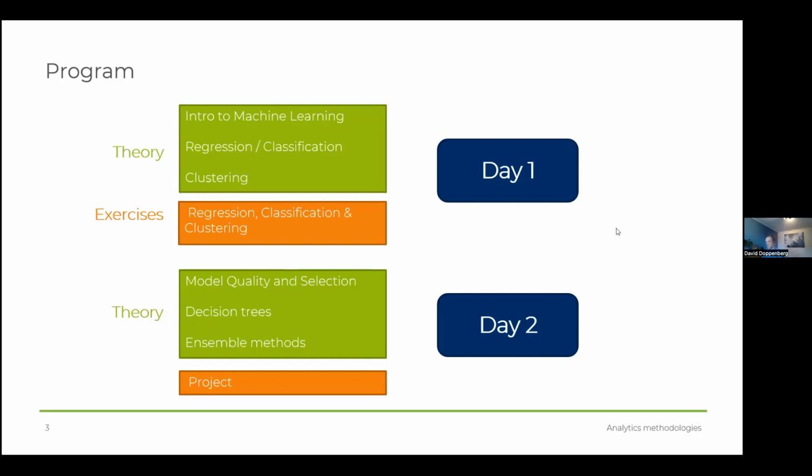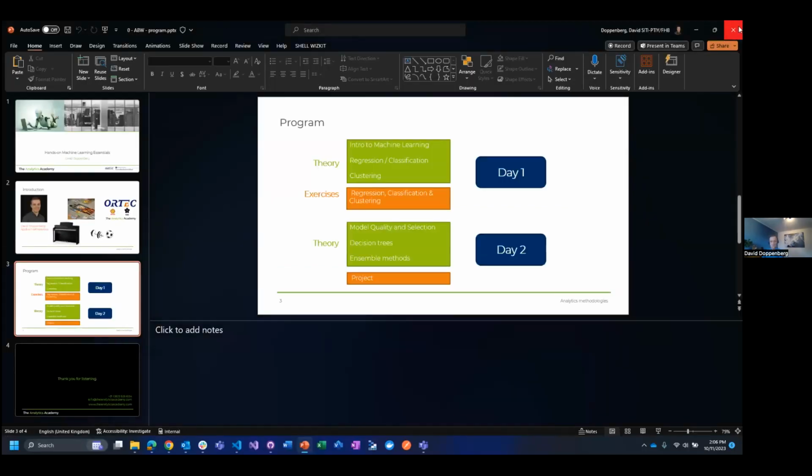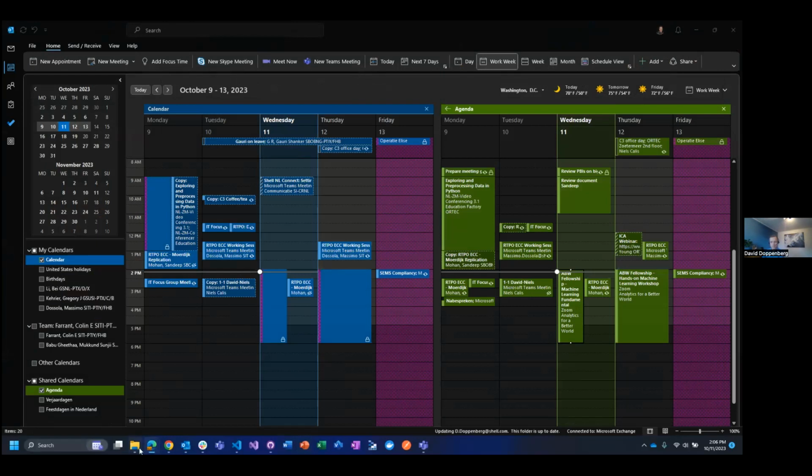So let's get started. David, yes. Just before you get started, as your background is in mathematics, could you refer me to any class that I can take regarding linear algebra or mathematics for machine learning? That would be very interesting for me. I studied that in school a long time ago, but I am a little rusty, and I want to be able to understand the concept behind it.